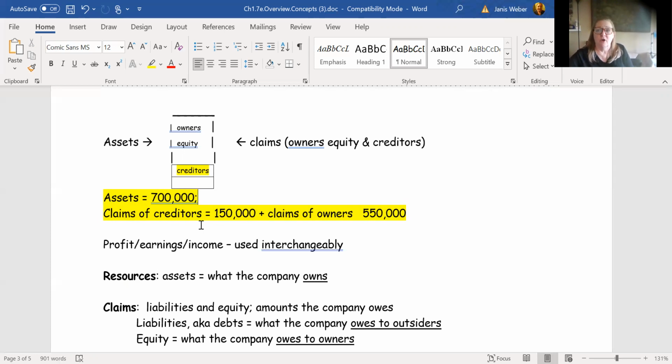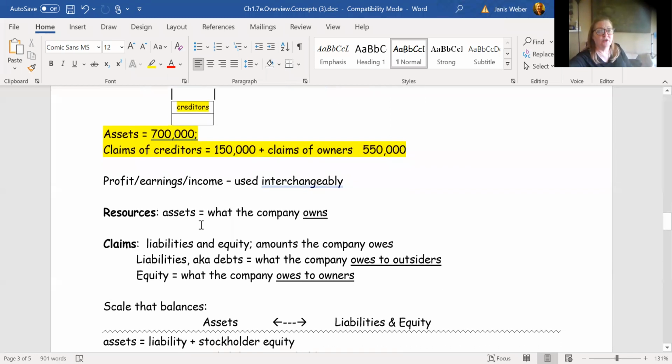So you couldn't just come along and say, oh, I'm the manager of this company, and if we're going to dissolve it, I'm just going to take all these assets home with me, because those are not your assets. The owners that own the shares own whatever's not owed to the creditors. You would split up all the remaining assets amongst the owners after you've paid the creditors off.